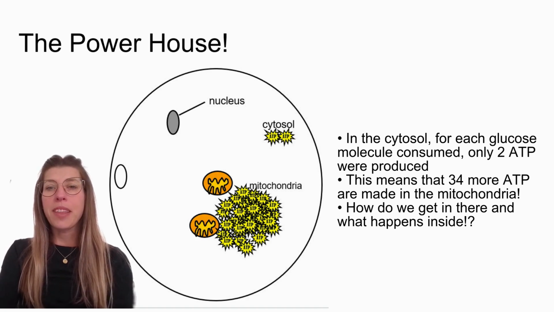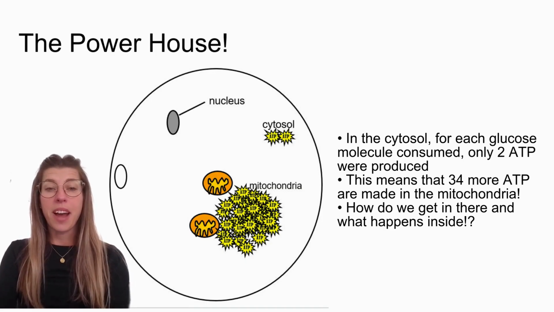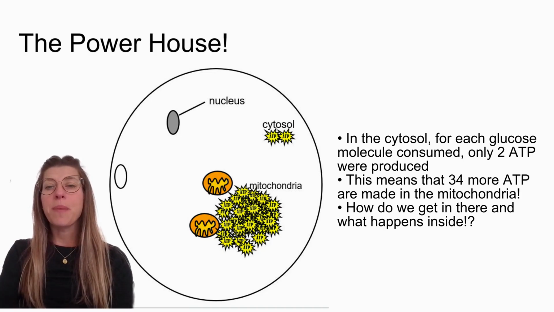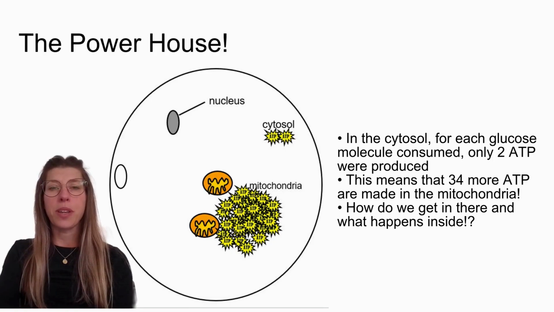So here is a generalized diagram. In the cytosol or cytoplasm, those two words are interchangeable, for each glucose molecule consumed, only 2 ATP are produced. We saw that this is what happened in glycolysis, right? So where are the remaining 34 coming from?